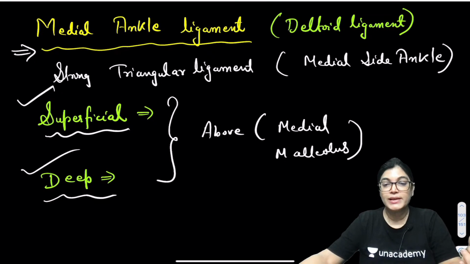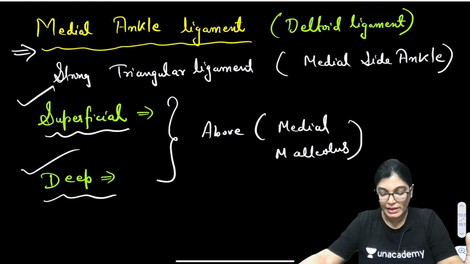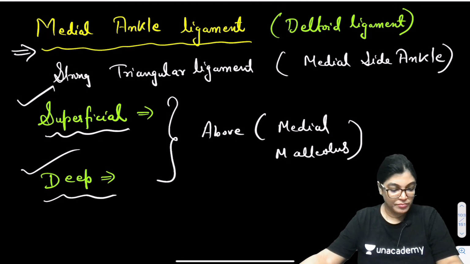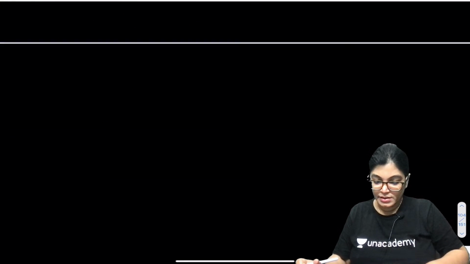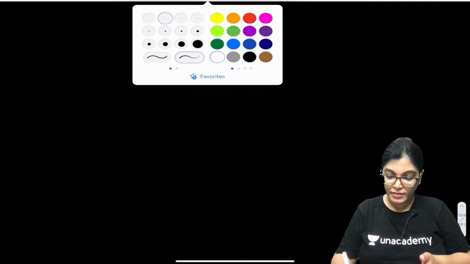So I would like to explain the lower or distal attachment of each part of the ligament. So let's start with this. All of you please write the heading: superficial part of deltoid ligament.